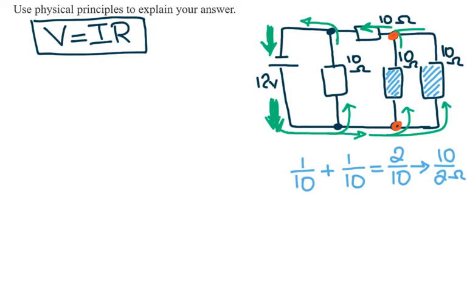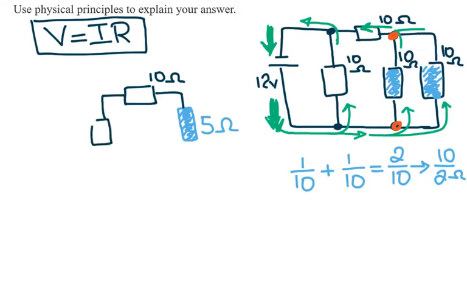So I'm going to redraw this circuit with this 5 ohm resistor instead of these 2 resistors. Then I'm going to have still this resistor, which is 10 ohm. Then I still have this resistor, which is another 10 ohm.